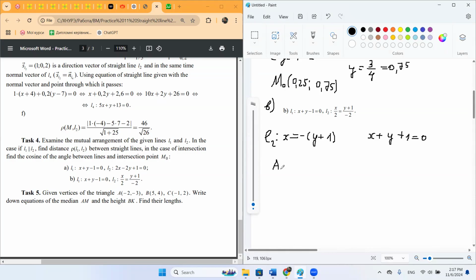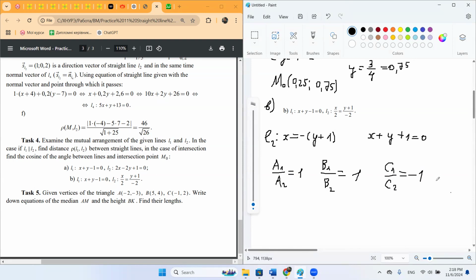So A1/A2 equals 1, B1/B2 equals 1 as well, and C1/C2 equals -1.